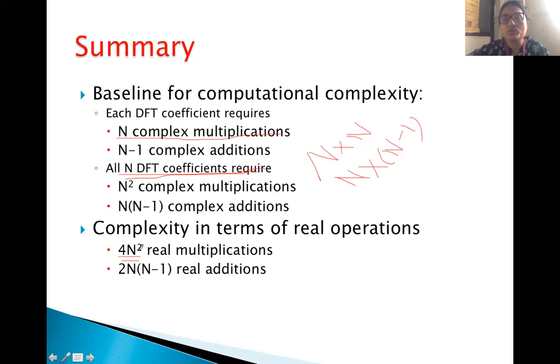So here 4 into n square real multiplications are required, and 2n into n-1 real additions are required. As we keep on increasing the number of points, the computations keep on increasing. That is the main hurdle of using DFT for direct computations.